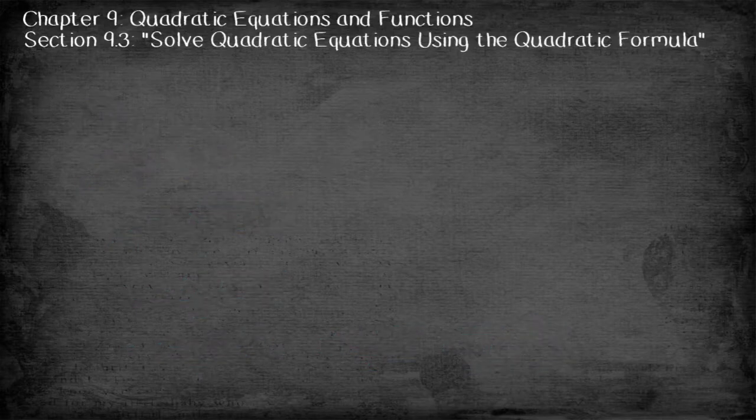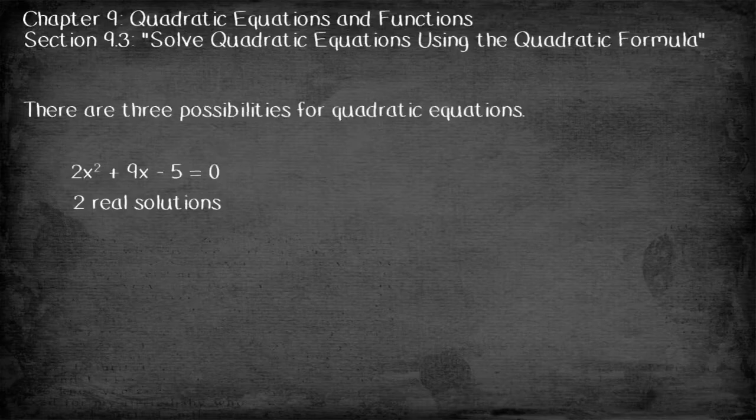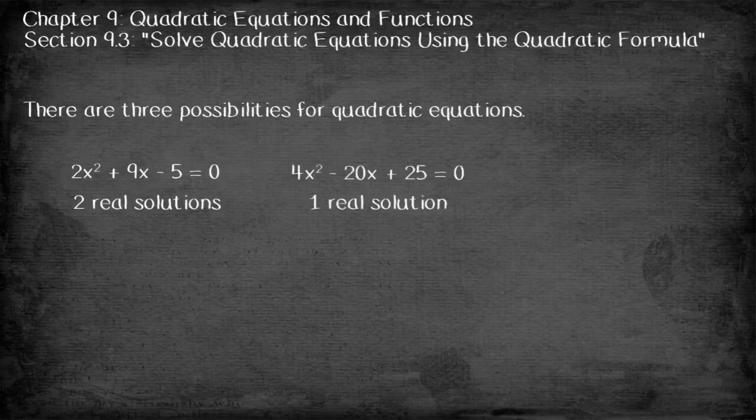Right, so you should know that in dealing with quadratic equations, there are really 3 possibilities or 3 outcomes that you could have. You could have an equation like this, where you get 2 real and distinct solutions. So if you use the quadratic formula on that guy, you'll get 2 answers.